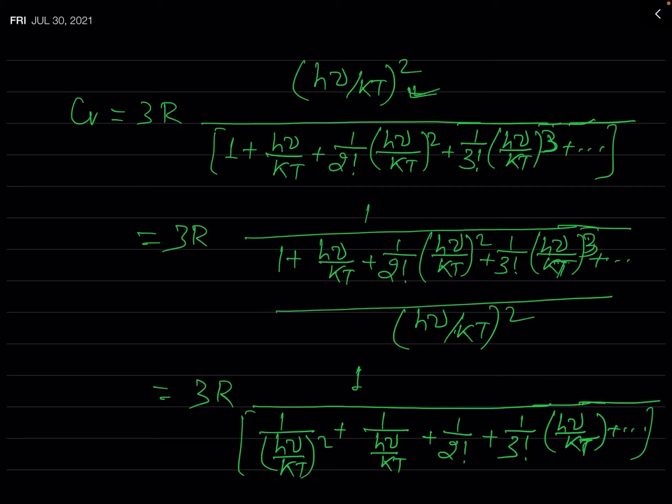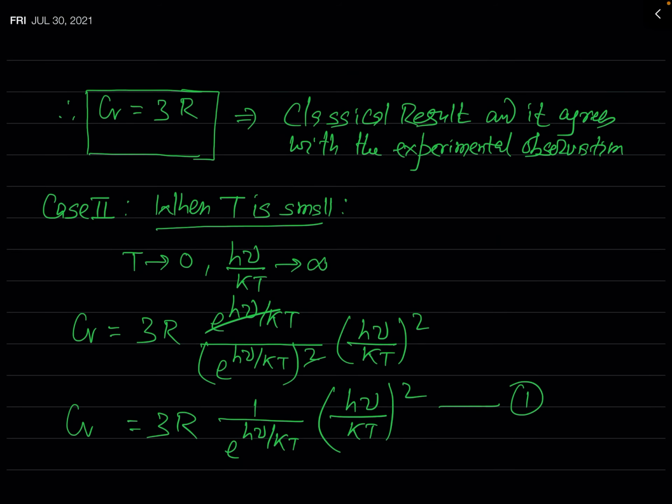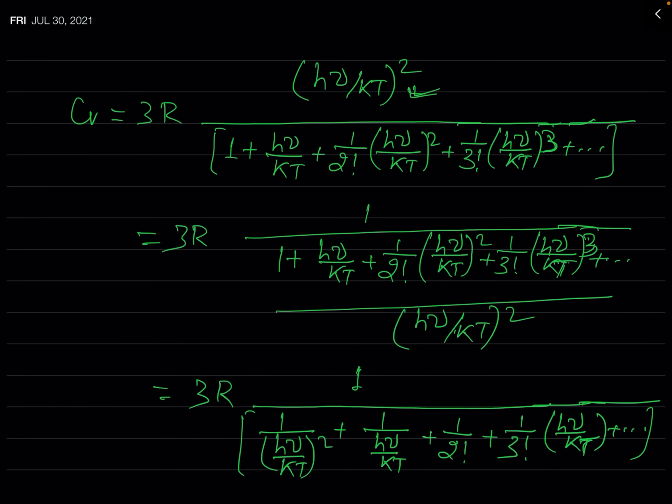Now, you can see our condition is what? Condition is T is tending towards 0. And when T tends to 0, hν/kT will tend to infinity. So when we use that condition, that is T tends to 0, hν/kT tends to infinity.